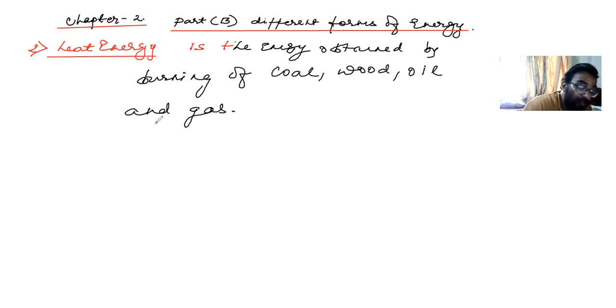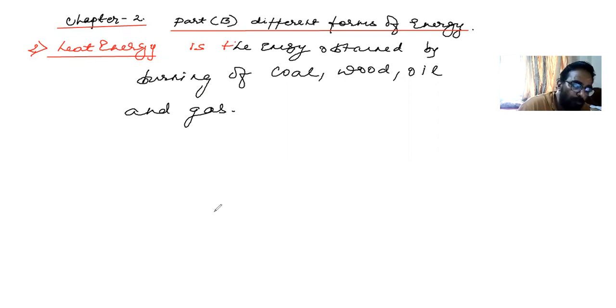This heat energy is used to heat water. From the water, steam is produced. A lot of heat energy gets stored in the steam. This steam energy can be put to use for doing some mechanical work, like steam engines.